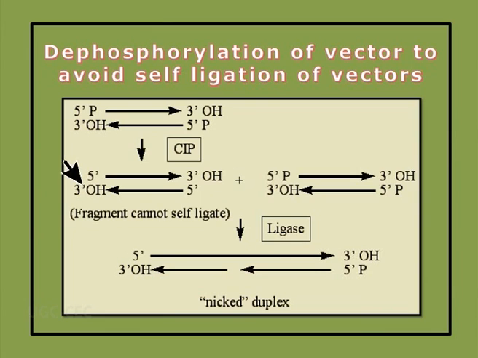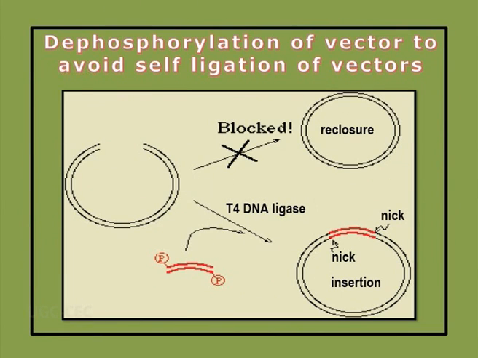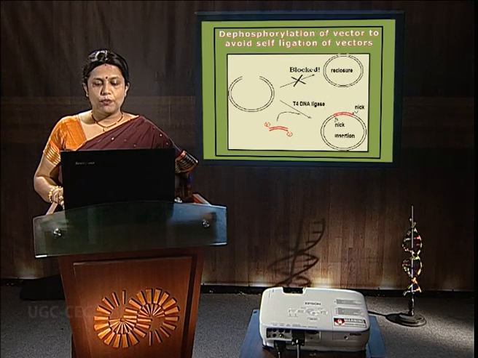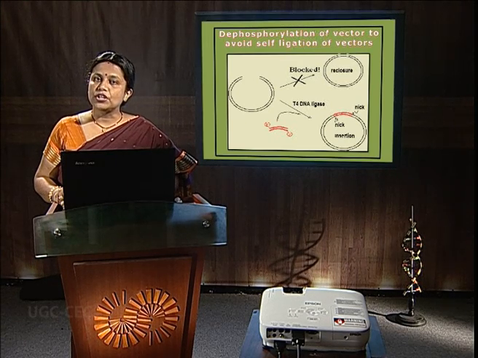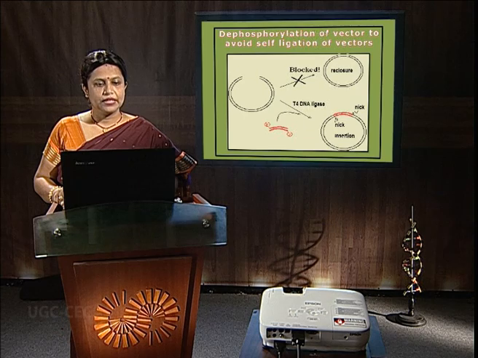If I have OH at all 4 ends, then the self-ligation of the vector DNA can be restricted. You can see here that phosphatase treated vector DNA doesn't undergo reclosure. It can undergo reclosure only when it undergoes ligation with an insert DNA which has phosphates at its 2 ends. Thereby, we are promoting the formation of recombinant DNA.